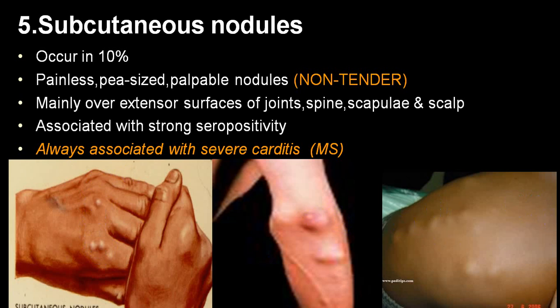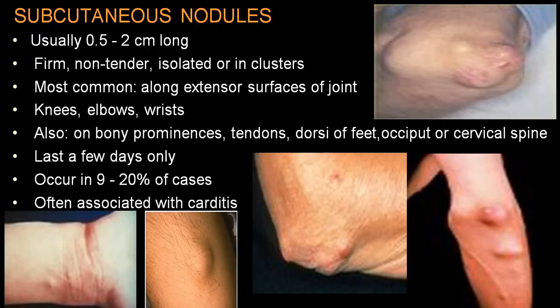And on the back, along the spinous process, very, very typical. Mainly over extensor surface of joints, spine, scapula, skull, and there will be seropositivity, meaning ASO titer, anti-streptodornase titer may be high. Very, very common, and it is very frequently seen along with carditis, but only in 10% of the people. Good number of times this is again missed.